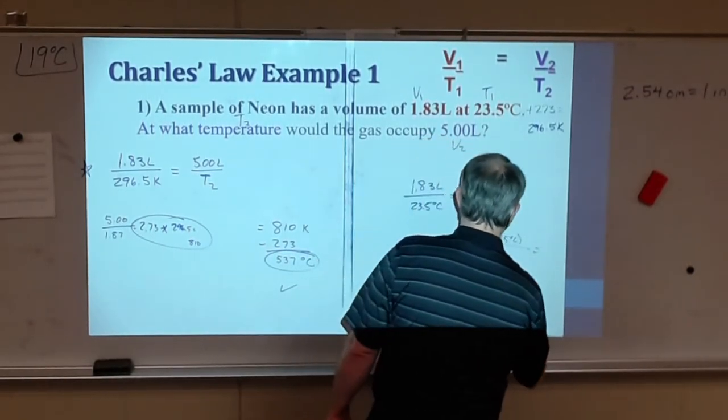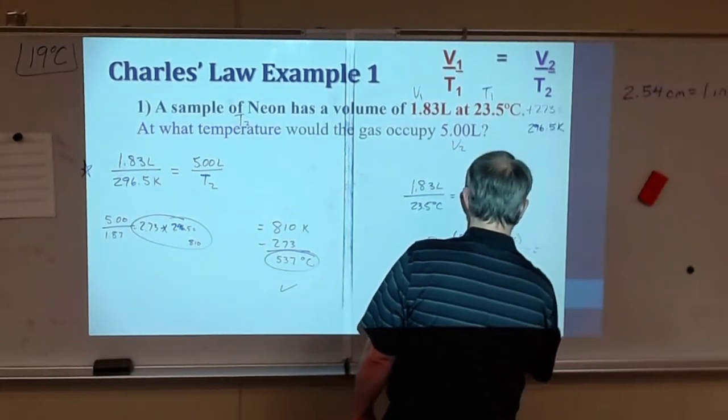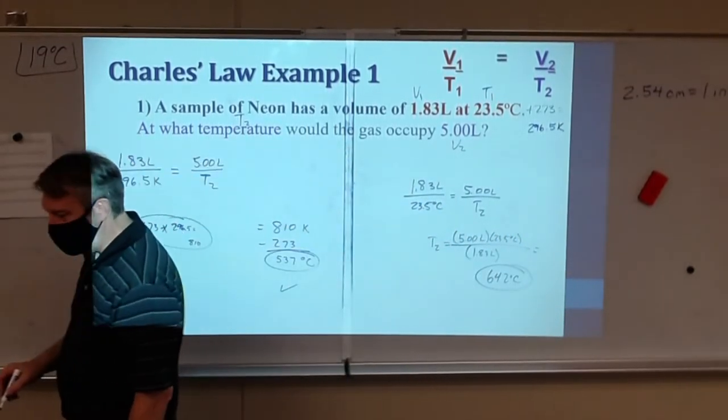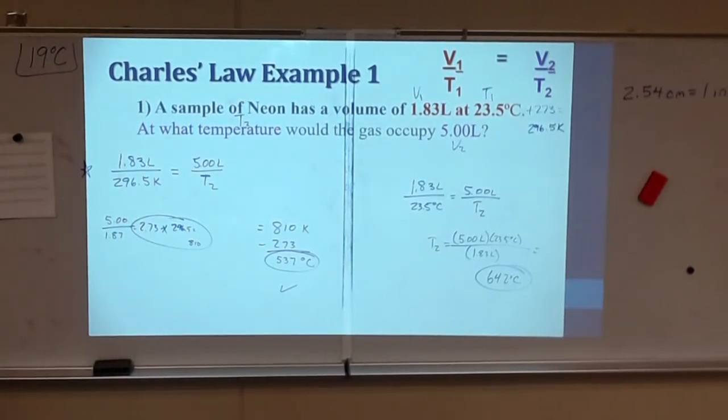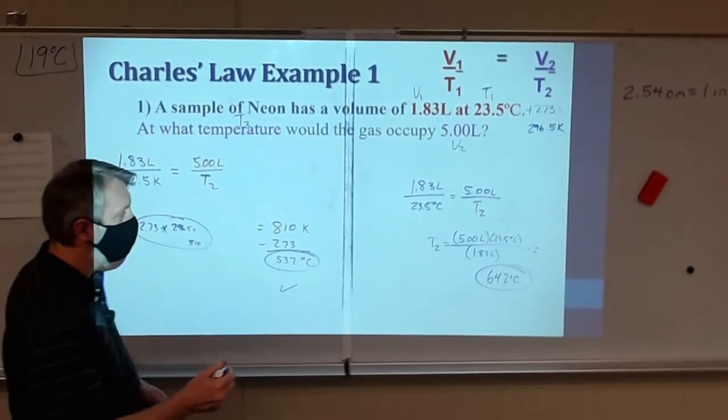You got 64.2 degrees Celsius. There is quite a bit of difference between 537 degrees Celsius and 64.2 degrees Celsius. Right? Don't do this, it is wrong.